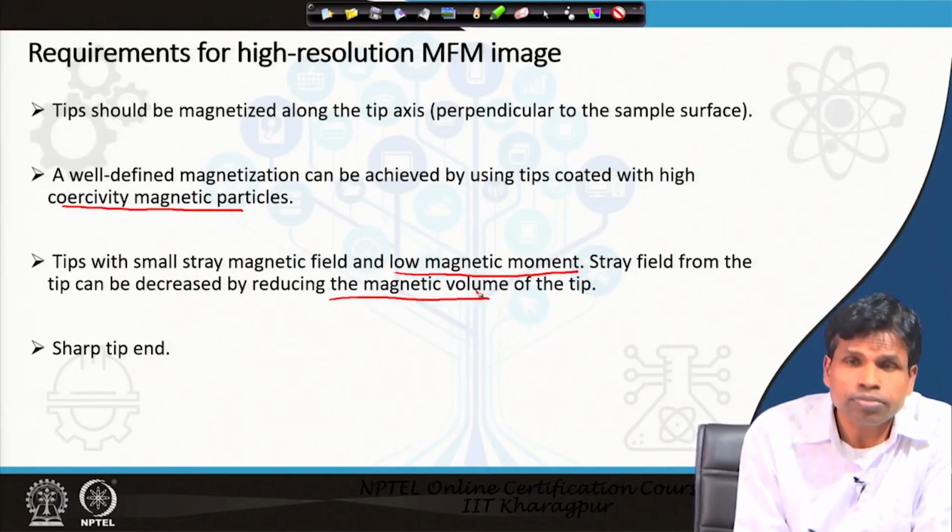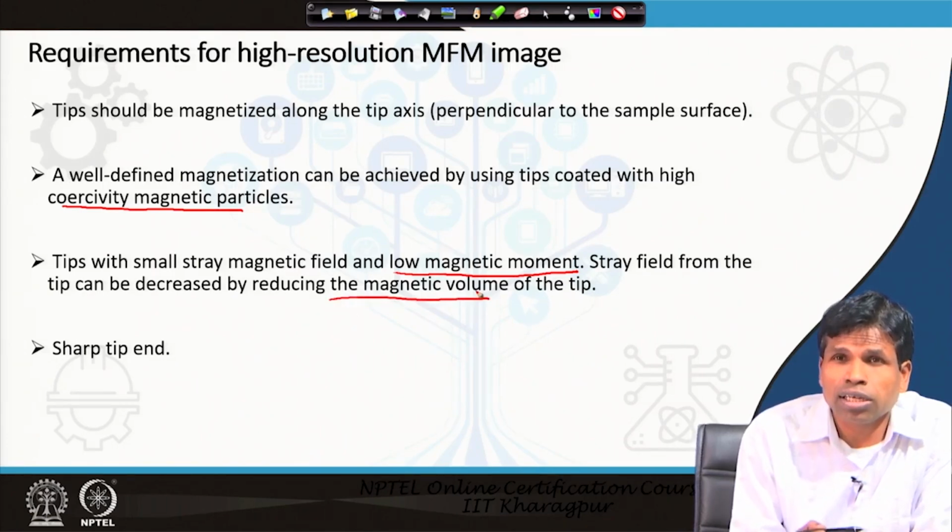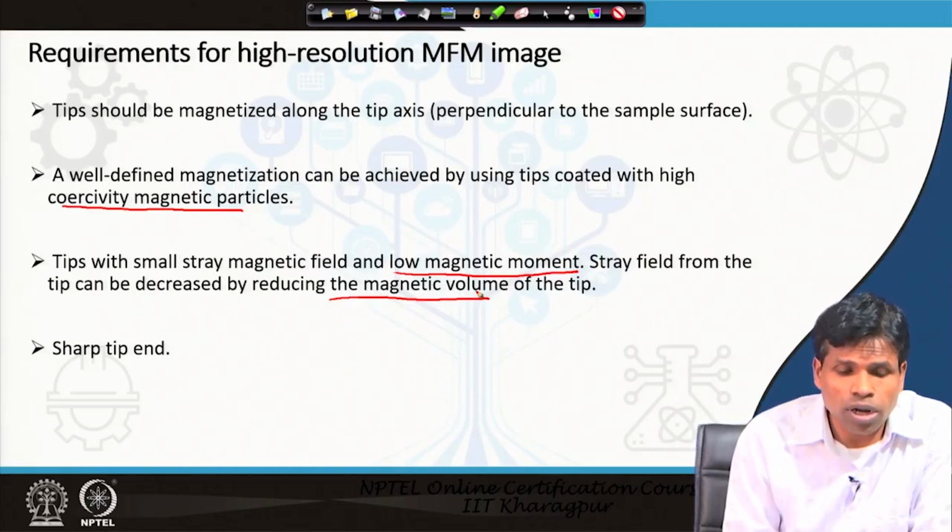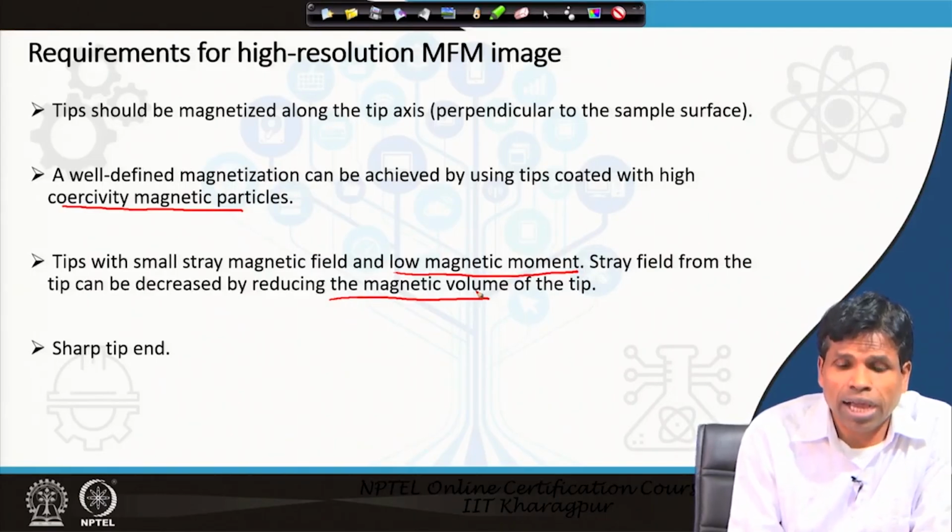In this way the tip can detect a small amount of the stray magnetic field of the sample, thereby giving a high resolution and highly sensitive image.